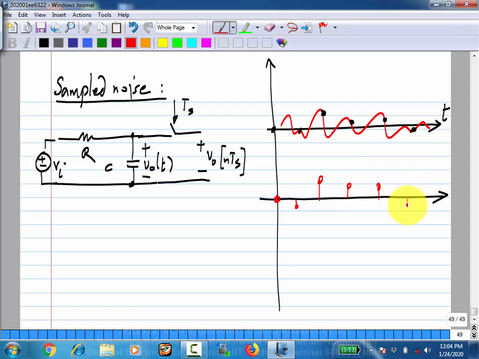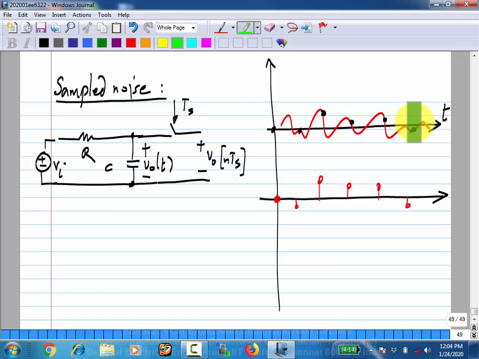Just like continuous time signals have some power spectral density, discrete time signals also have some power spectral density, which is properly defined in the handout that I think I have shared on Moodle. So we want to know how the sampled signal is related to the original continuous time signal, in this case the signal being noise. Okay.